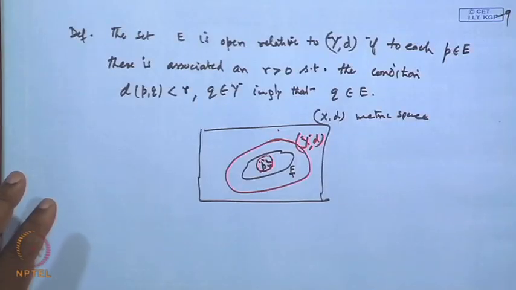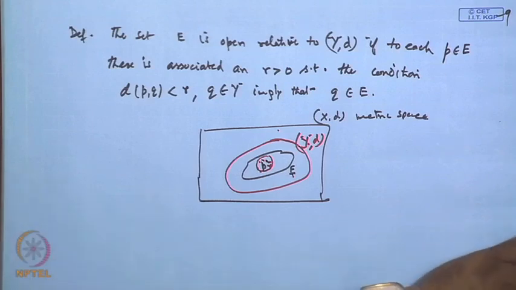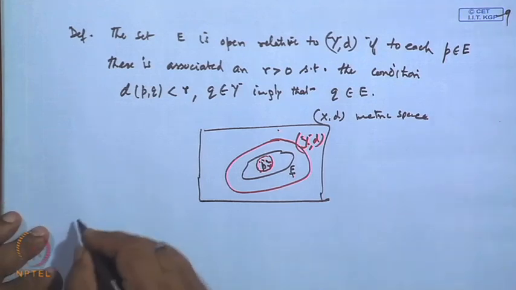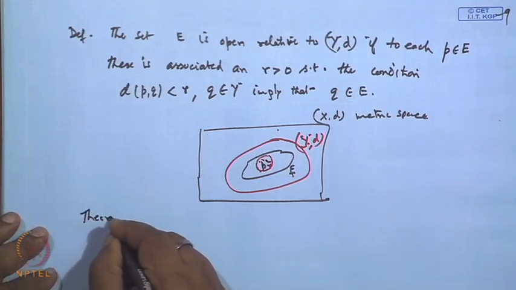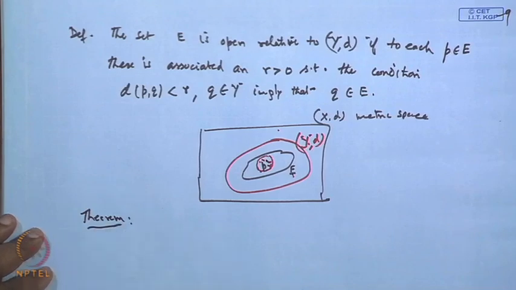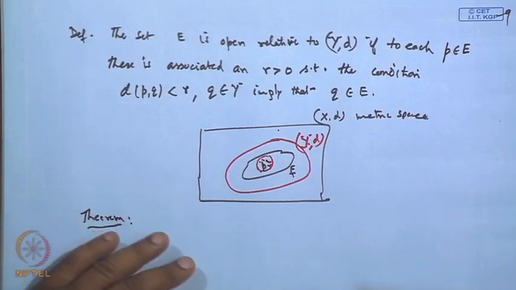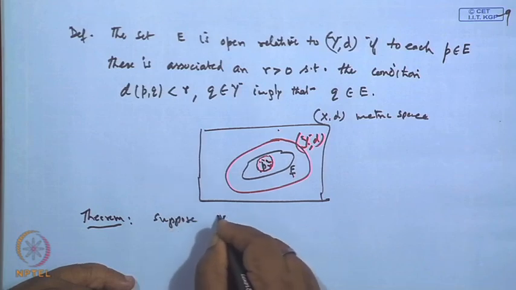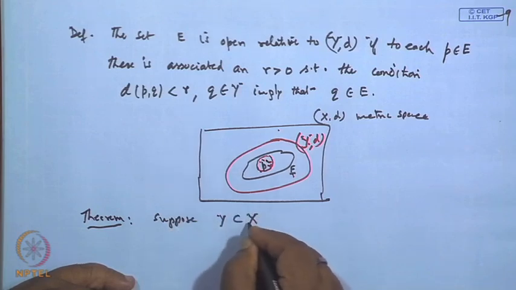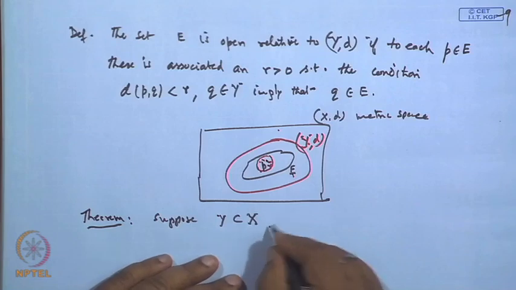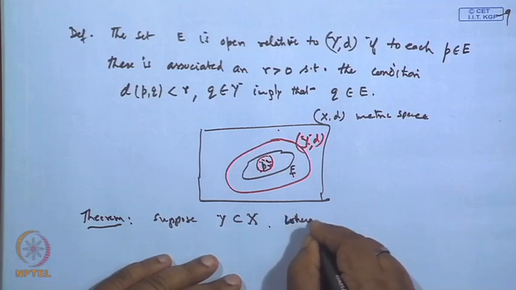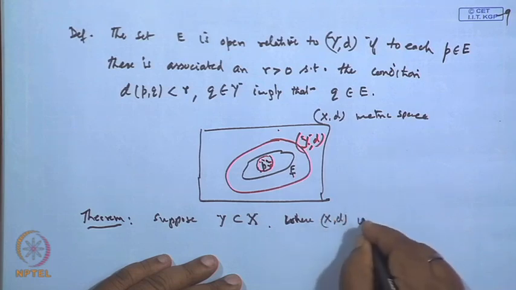Before going to the compact set definition, we have one more result. That result shows what will be the form of the open sets in the relative case. Suppose Y is a non-empty subset of X, where (X, d) is a metric space.